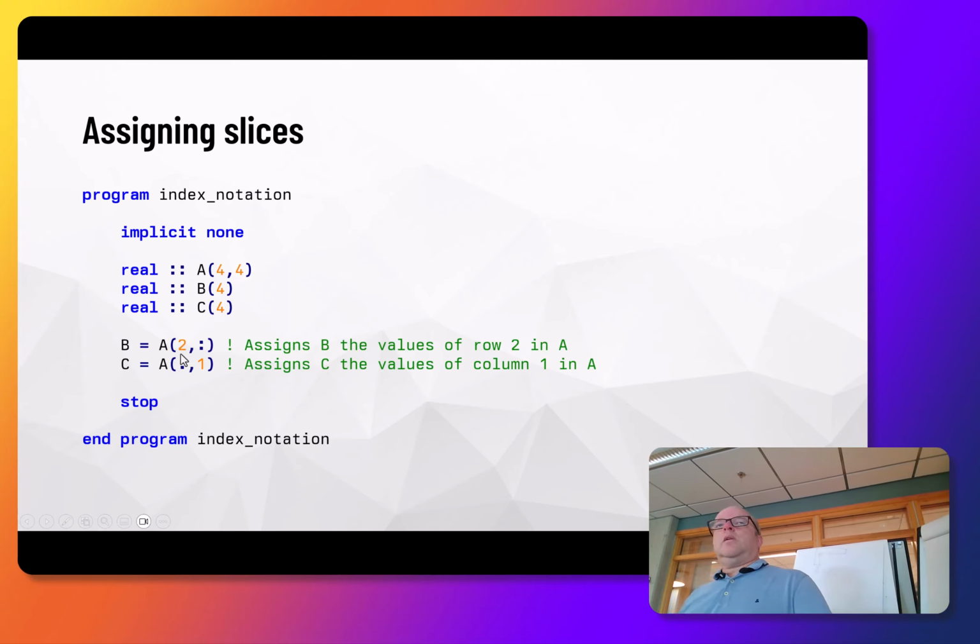I can extract row 2 and all columns to B. I can do the same thing with all rows of column 1. Very similar to MATLAB, and you only have to think about that you have the indexing right. There is no checking of indexes, so it can go outside, but usually if you stay in the indexes here, it should work fine.